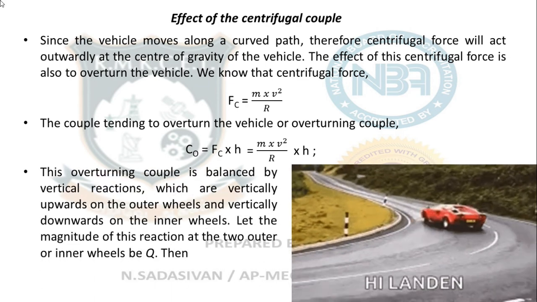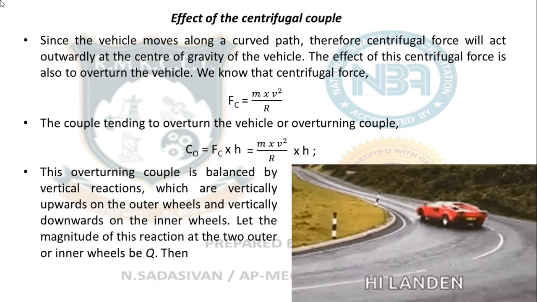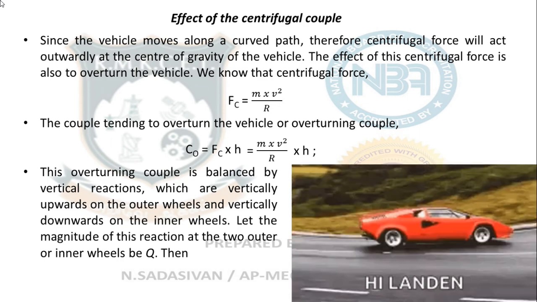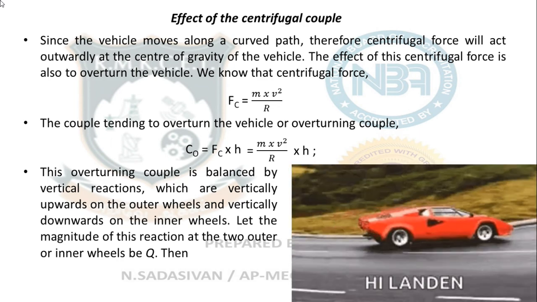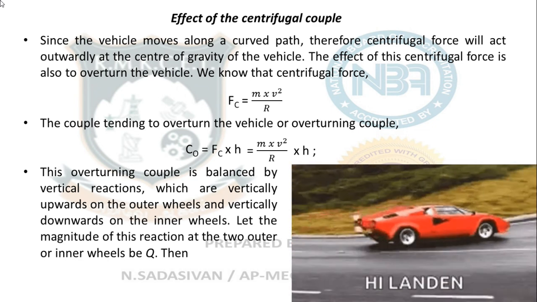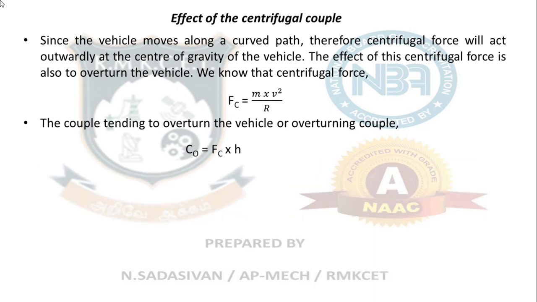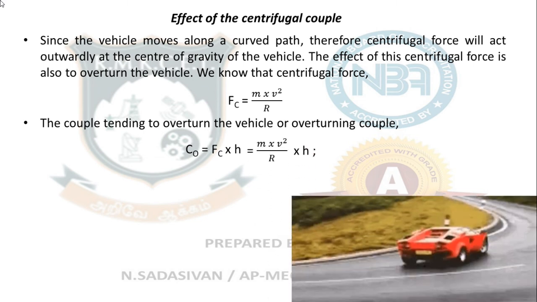Outer wheels will be pressed down, inner wheels will be lifted up. The same effect as the gyroscopic couple. So that is numerically equal to Fc, the centrifugal force, into the height of the center of gravity from the floor. So m v square by r into h.